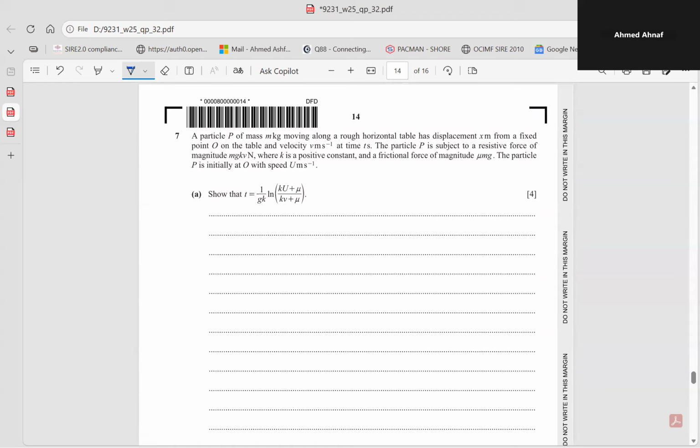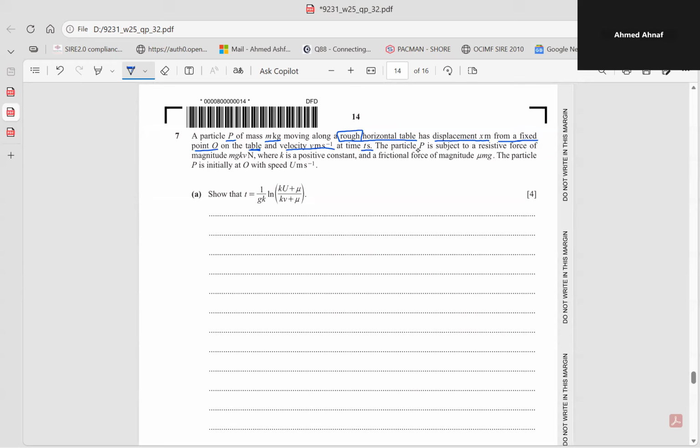Okay, so for this question, we are told that a particle P of mass m kg is moving along a rough horizontal table. So again, there's a resistive force, friction. It has displacement x meters from a fixed point O on the table and velocity v meters per second at time t seconds.